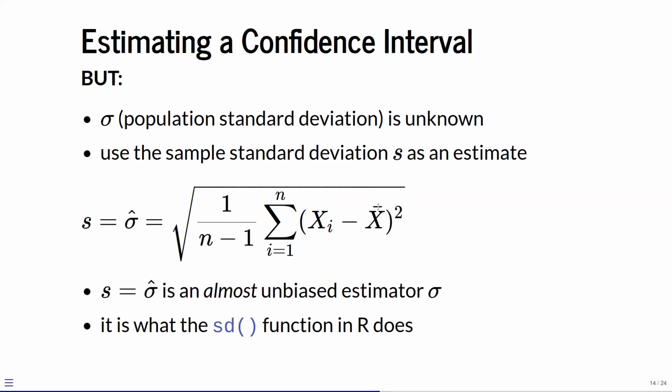The formula for the sample standard deviation is the square root of the sum of the square differences between each observation and the sample mean divided by n minus 1. The division by n minus 1 is called Bessel's correction, and it makes the sample standard deviation an almost unbiased estimator of the population standard deviation. And if you use the SD function in R, this is the calculation that it does.